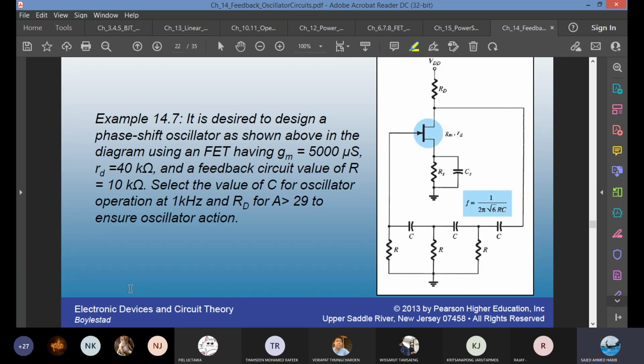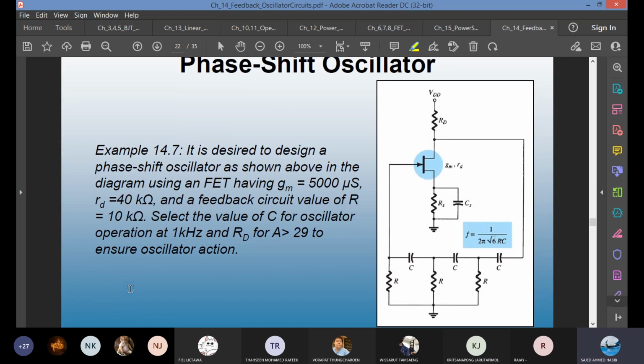Straightforward problems, just plugging in the equation. This one we did in the class. We actually did a design problem. We wanted the value of C such that F equals 1 kilohertz, and we needed to find the value of RD for A greater than 29. Why A has to be greater than 29?